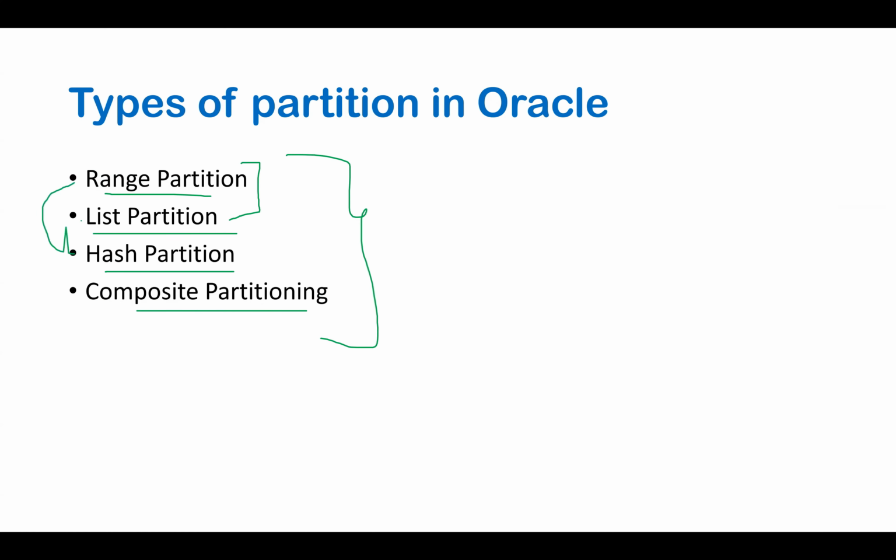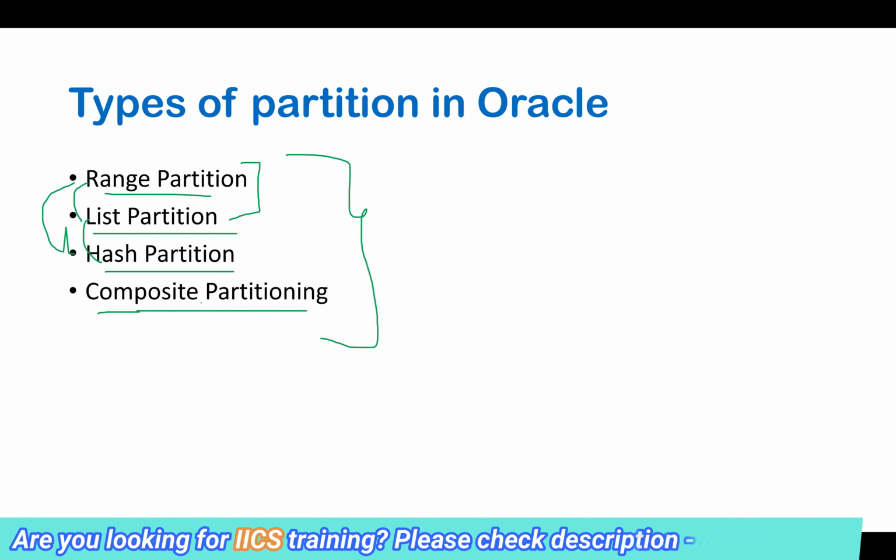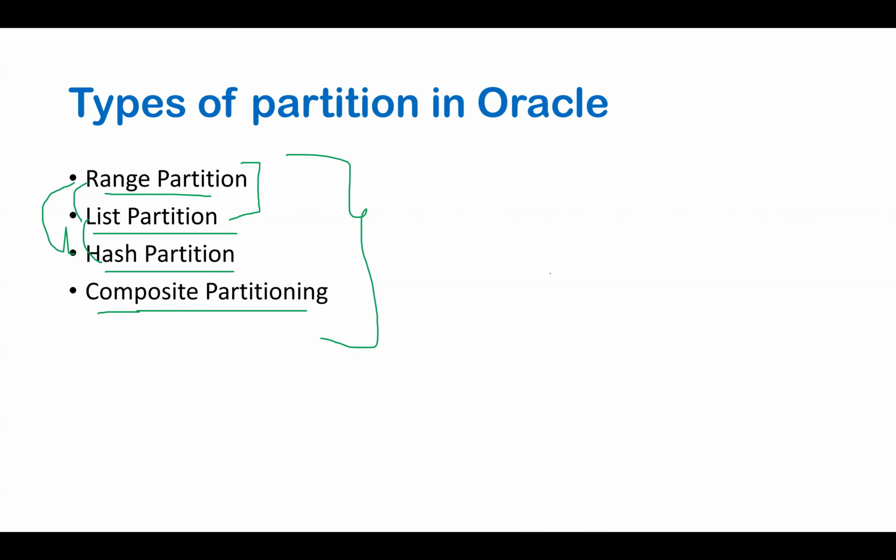You can combine and then create a partitioning. That is composite partitioning, a partitioning strategy. Range partition is similar to Informatica. If you know the definite range, you are going to use it, for example, on an employees table.